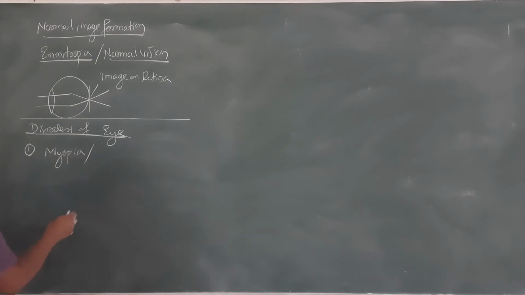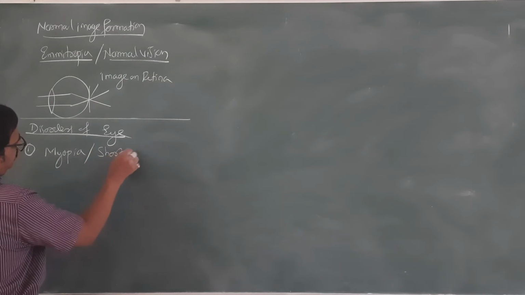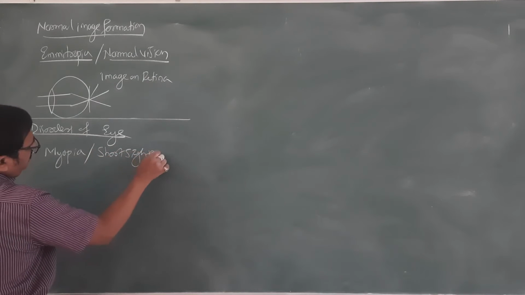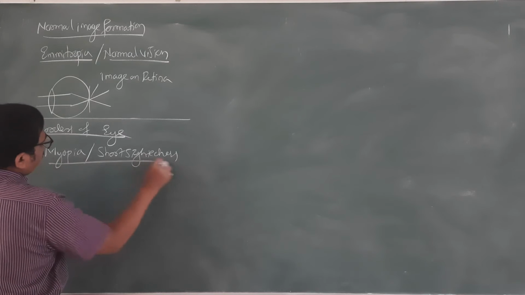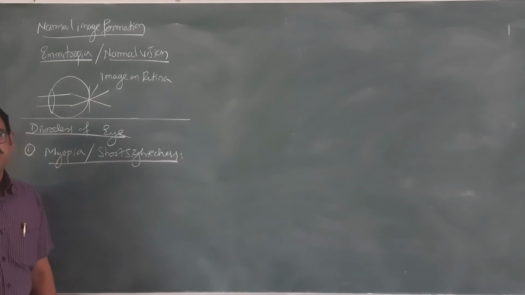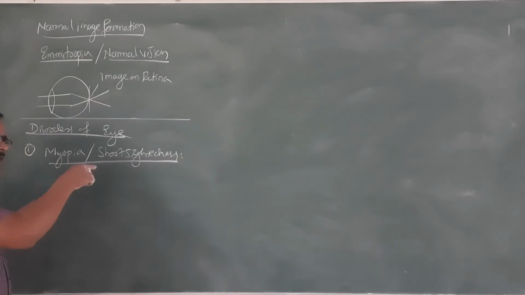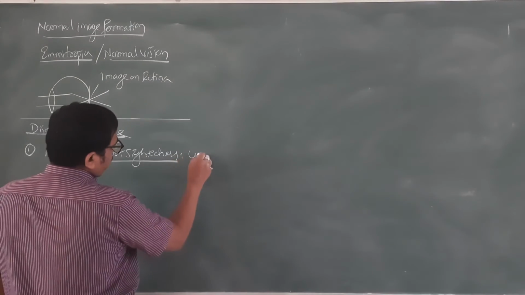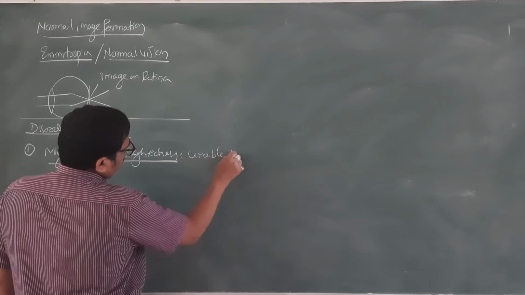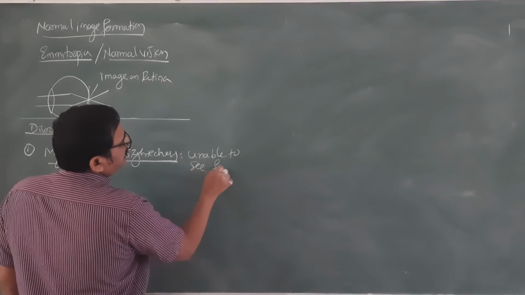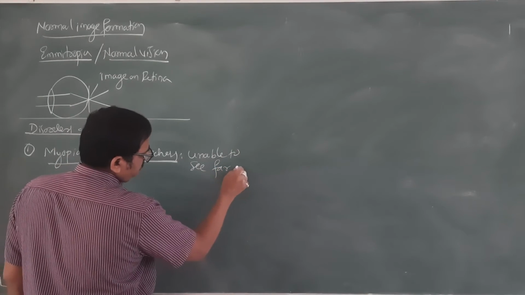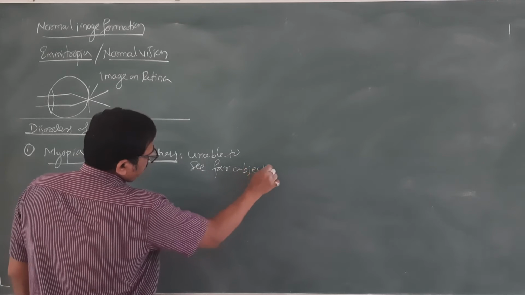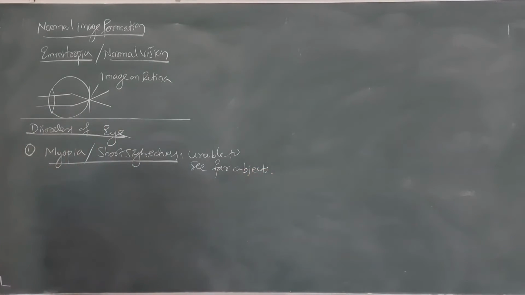Myopia is also known as short-sightedness. A short-sighted person is unable to see far objects. Okay, so he can see things nearby, but is unable to see far objects or distant objects.